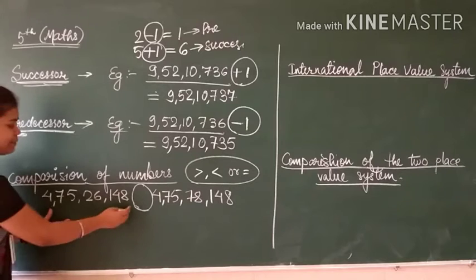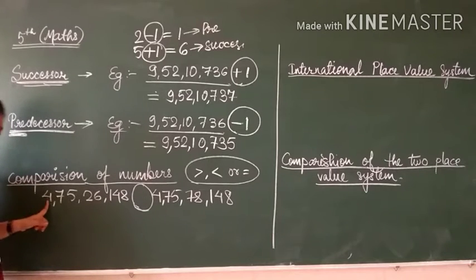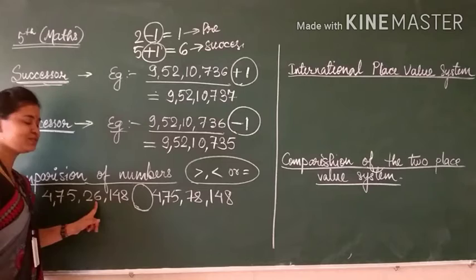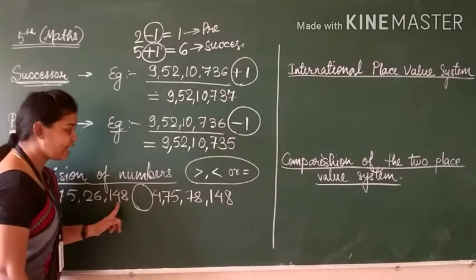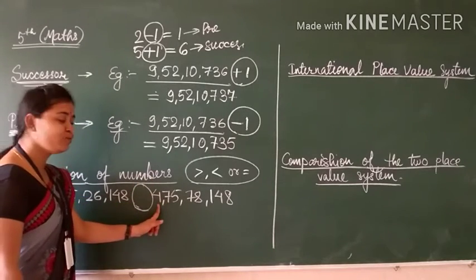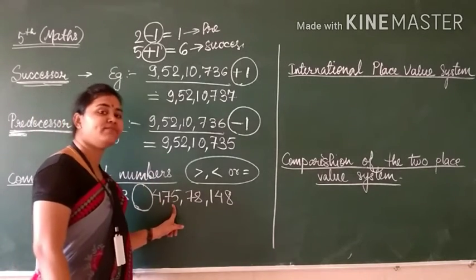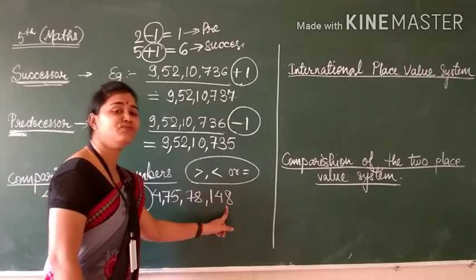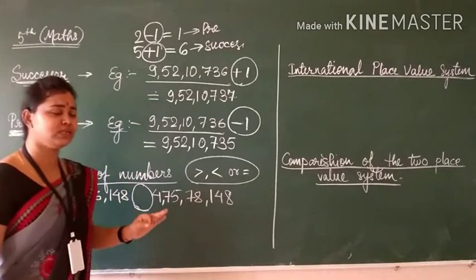See, for example, I have taken the number 4 crore 75 lakhs 26,148 and the second number is 4 crore 75 lakhs 78,148. A very easy trick.